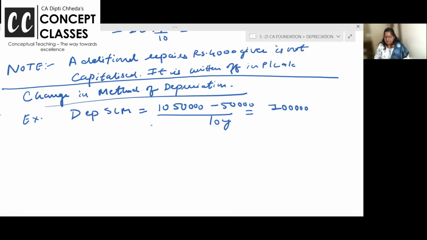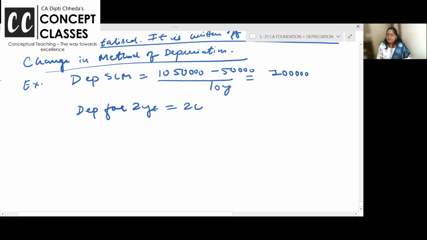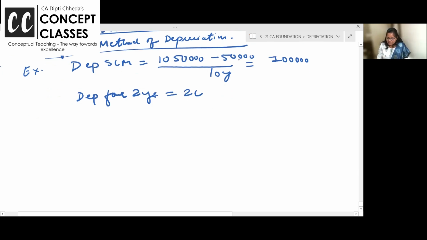Okay? This is clear. It will remain 1 lakh. Now the first 2 years it is the same, so depreciation for 2 years is equal to 2 lakh. That is also fine. Now from the third year they have decided to charge WDV. So that was the scrap value.